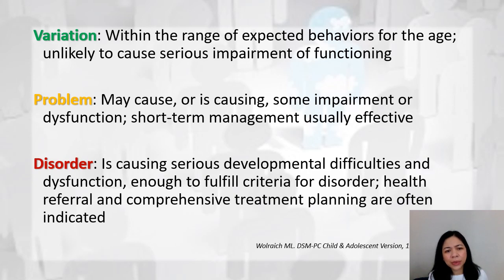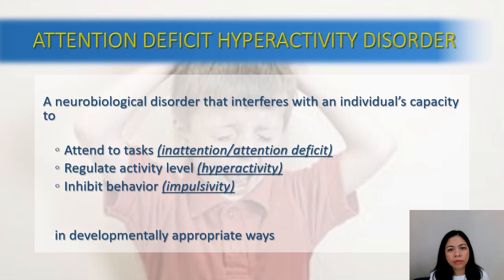So, is this a disorder? Is it causing serious developmental difficulties? Is it enough to fulfill criteria for disorder? So, what are the criteria for this possible disorder? We're looking at the possibility of attention deficit hyperactivity disorder, or ADHD.